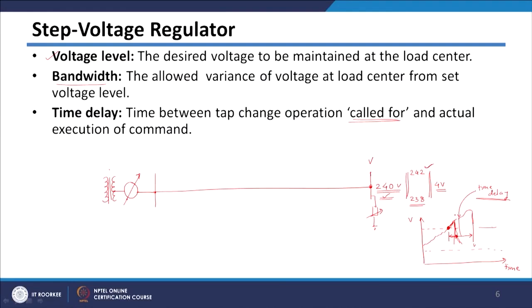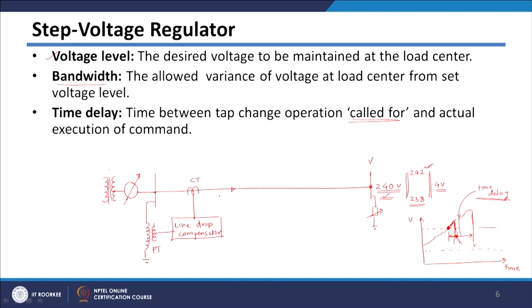As I told you, this operation is carried out using what is called a line drop compensator. This is your line drop compensator circuit. We will see what is inside this. We take a signal corresponding to current using a CT, and similarly we get a signal proportional to voltage using a PT, and it is given to the line drop compensator circuit. This is your potential transformer, this is your current transformer.